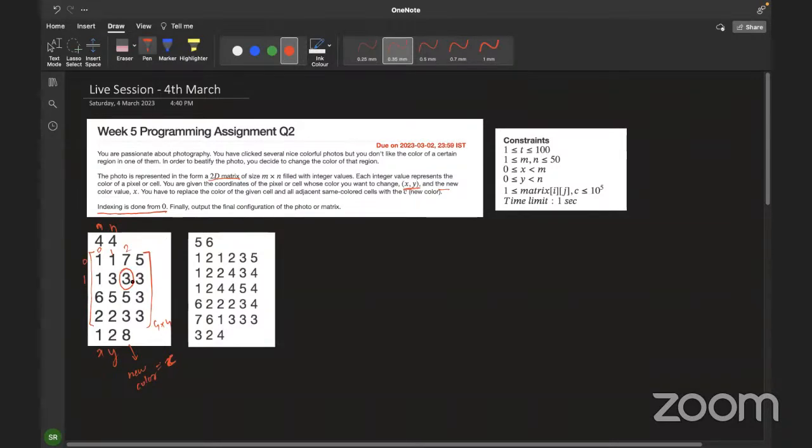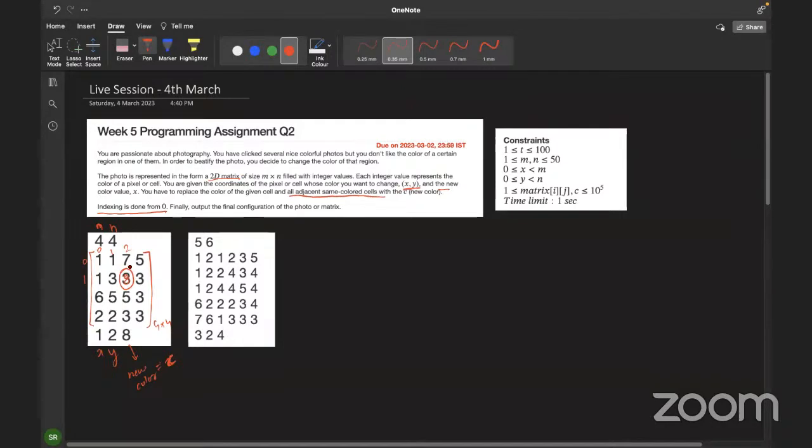Now the question is saying that we need to start changing the color of the cell from 3 to the new color C, that is 8. So first we'll change the color of this cell to 8. And now we need to change the color of all the adjacent same color cells too in the matrix.